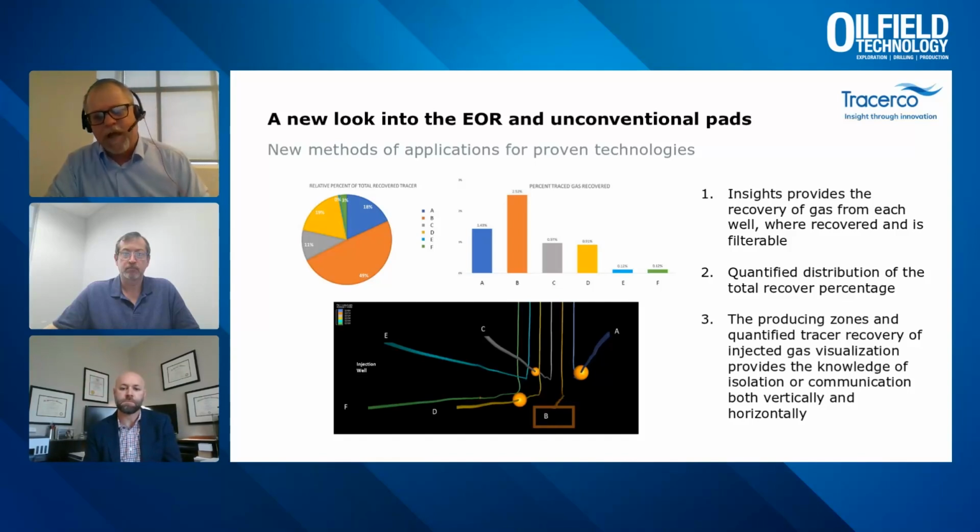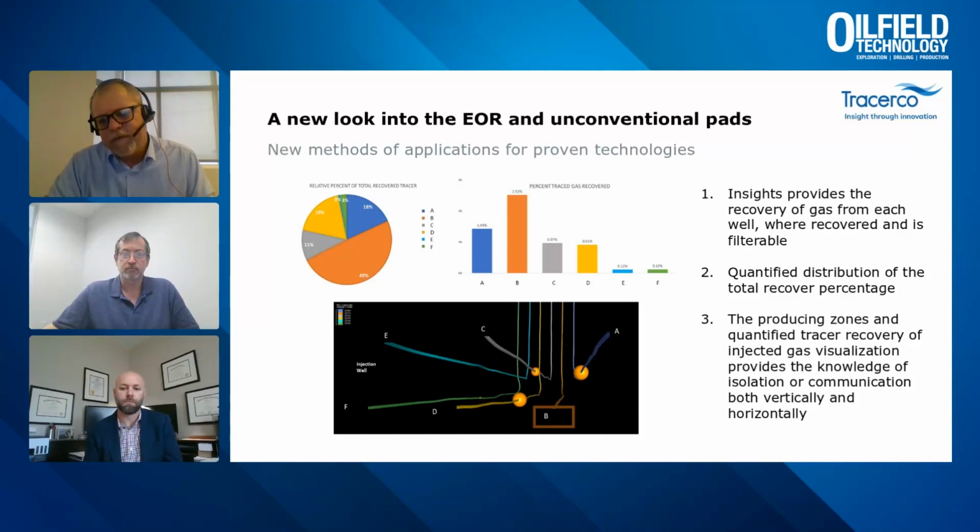So this particular slide, the pie chart starting at the top left, represents purely percentages of tracer recovered from the injected well and its communication with offsets, purely on a percentage basis. Now that can provide value, percentages of communication and percentages of recovery.